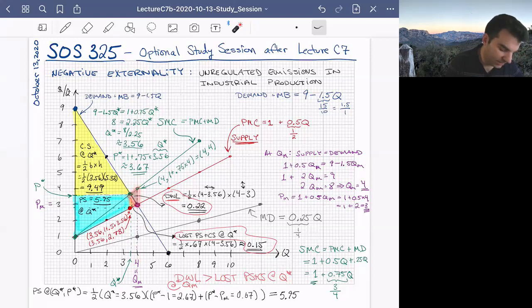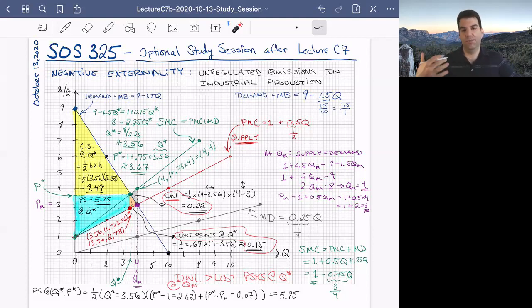And because this gray area is larger than this orange area, it's actually better for society to use a higher price. Now, how do we get producers in a competitive market to all agree on that higher price? Well, one way we can do it is tax them all.